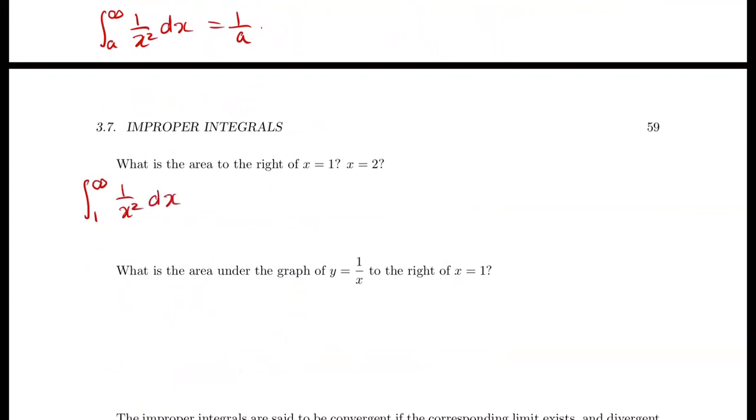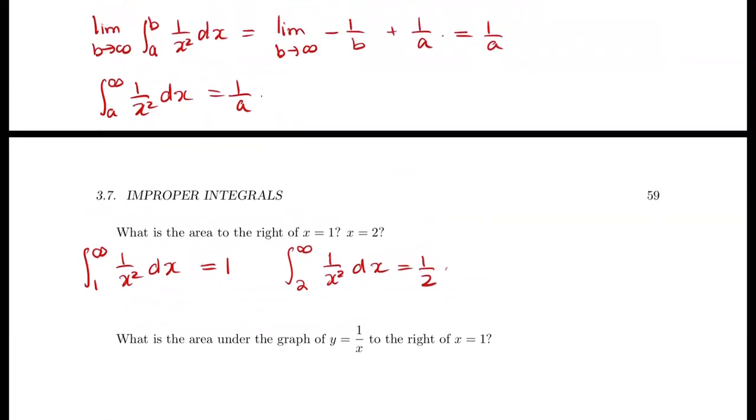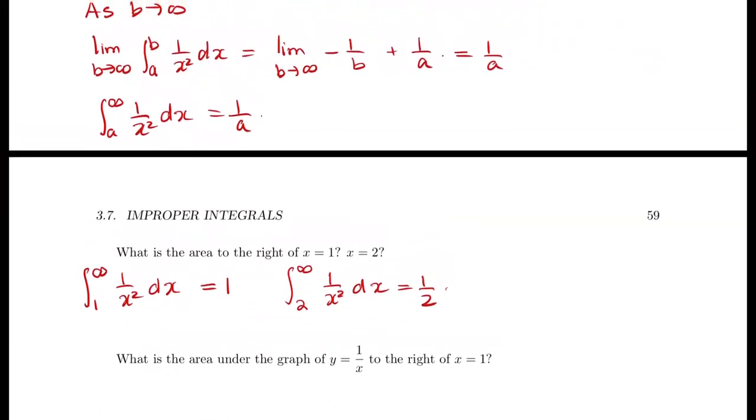Since we already found the integral, which was 1 over a, this would just equal 1. But what about 2 then? Well, the integral from 2 to infinity of 1 over x squared dx is equal to 1/2, according to the integral that we have computed.